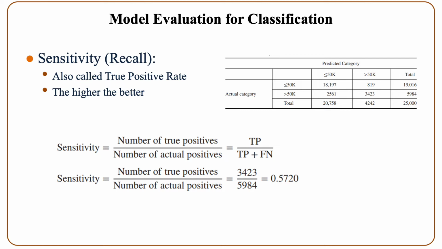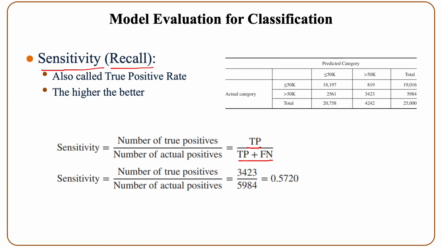So the sensitivity, which is also called recall, is defined as the true positive divided by the sum of the true positive and the false negative. It is also called the true positive rate. The higher, the better it is.